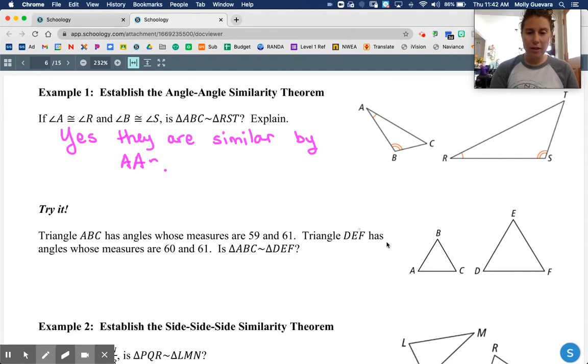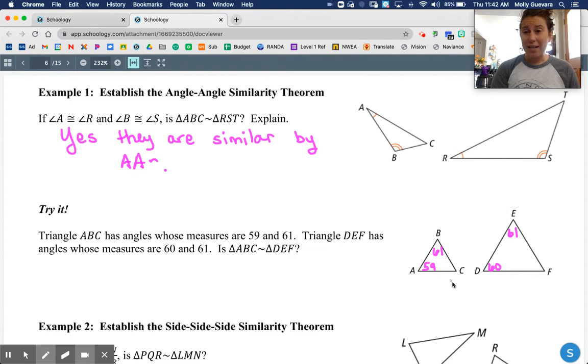Okay, so hopefully you tried this on your own first. This says triangle ABC has measures that are 59 and 61, and then DEF has 60 and 61. Again, it doesn't matter which angles are which.